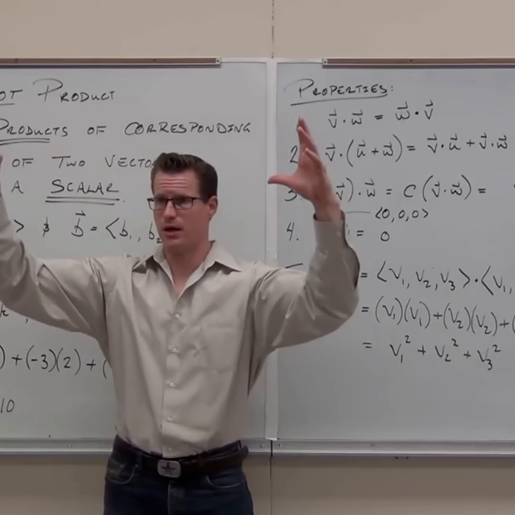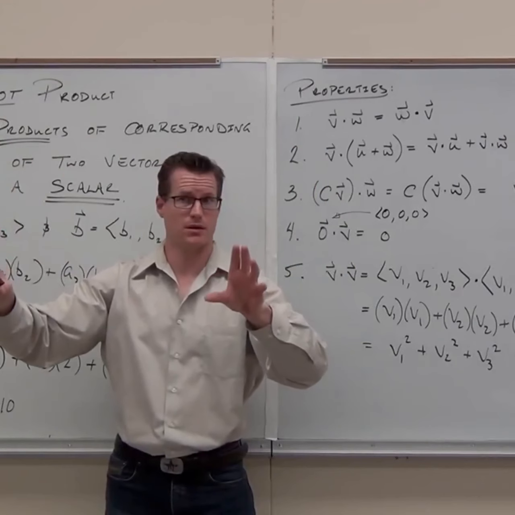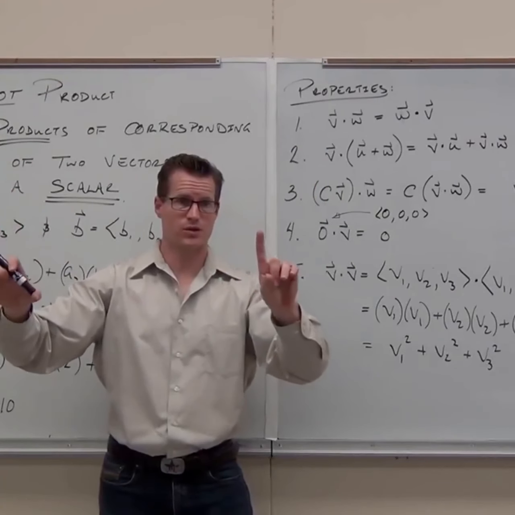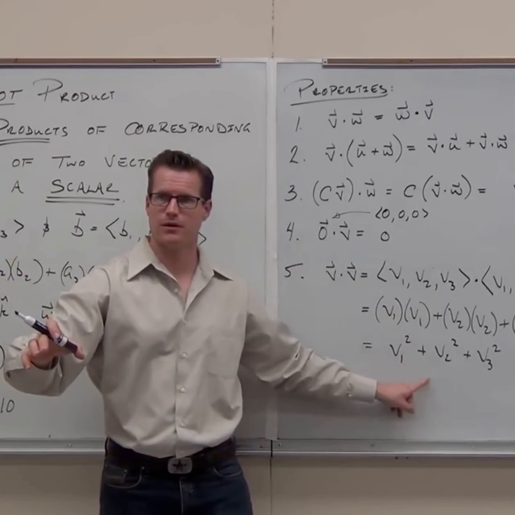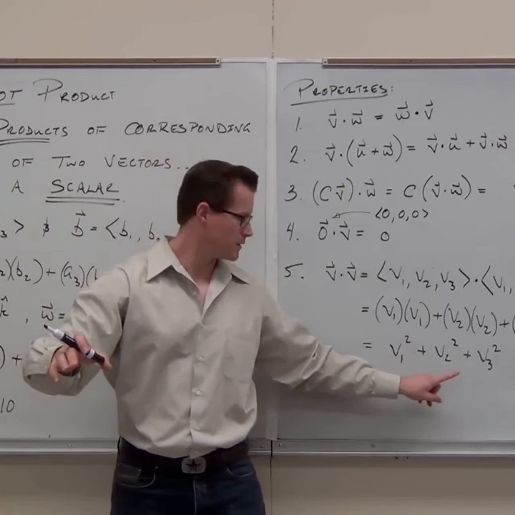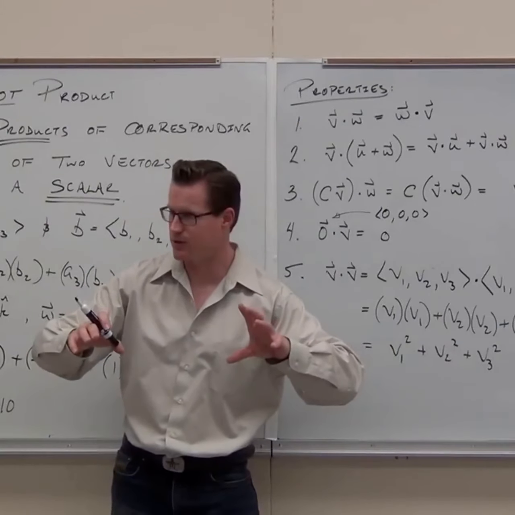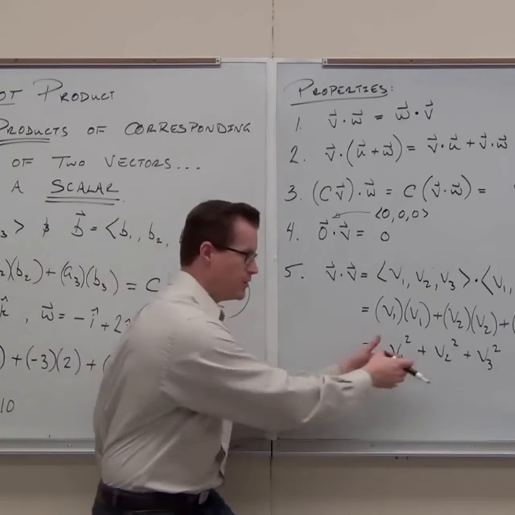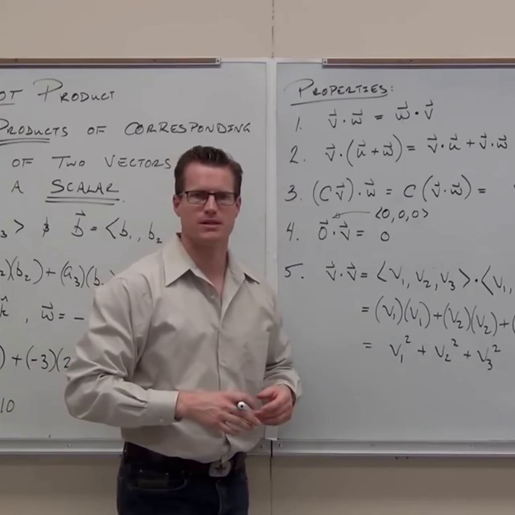Okay, you have a square root, and then inside the square root, what would be there? The x component squared, plus the y component squared, plus the z component squared. Exactly, this piece would be inside of the magnitude. Does that make sense? This right here is the square of the magnitude. That's exactly what it is.